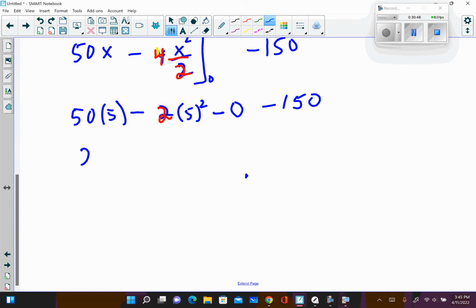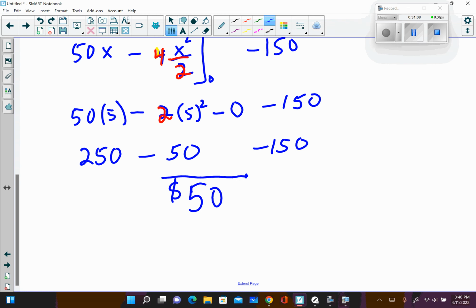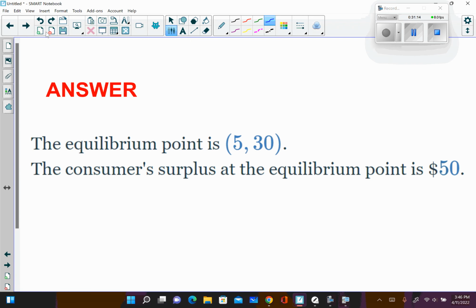Fifty times 5 is 250. 5 squared is 25, and 25 times 2 is 50. 250 minus 50 minus 150 is 50. So $50 is called the consumer surplus at the equilibrium point.